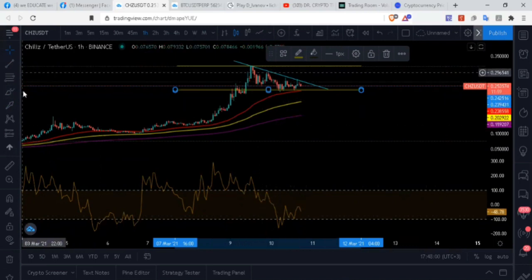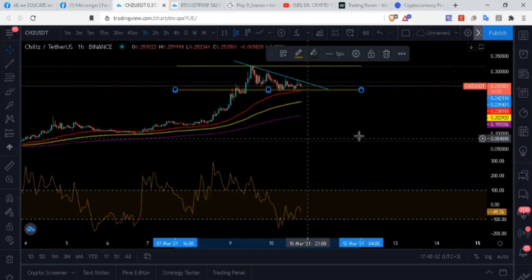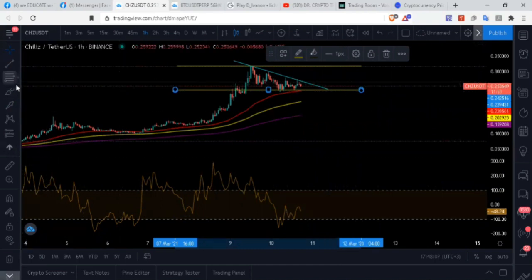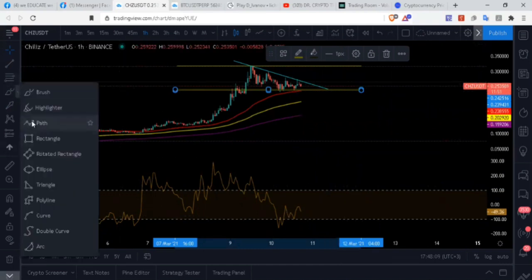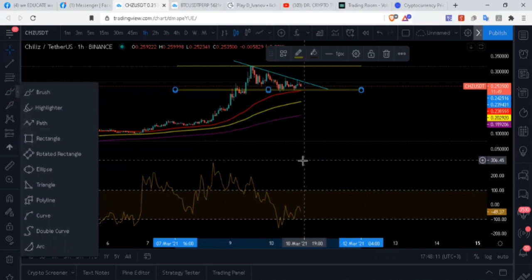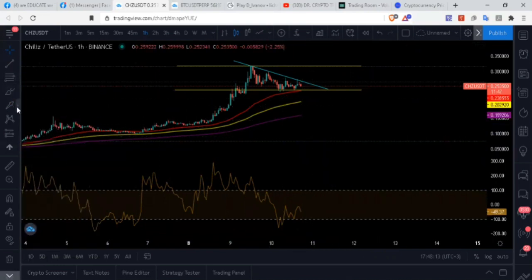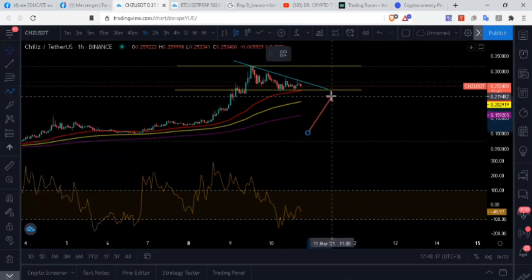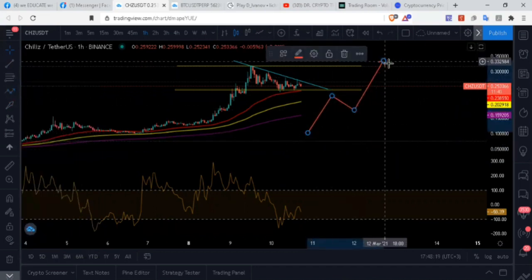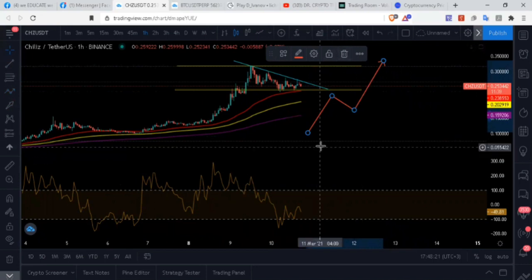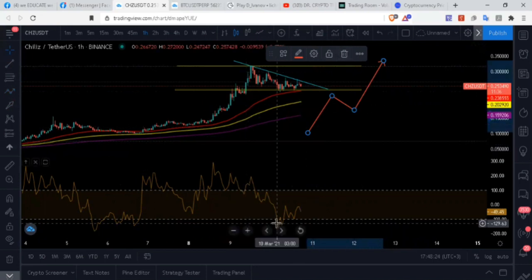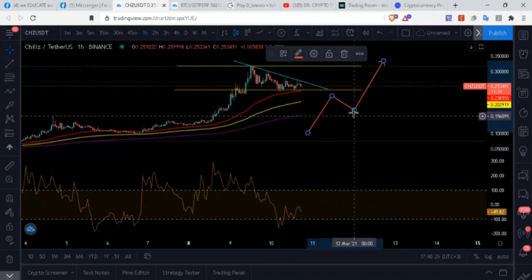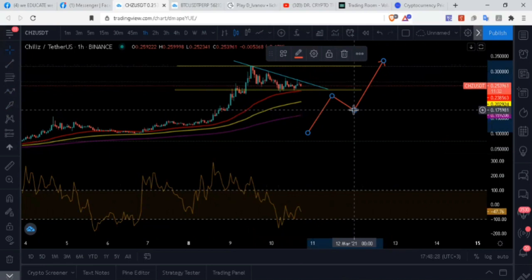If the total structure of a certain coin is uptrending, showing higher highs and higher lows, for example, if the price is showing like this, uptrending, then if we are going to use CCI aside from the divergence, we will wait for the price.